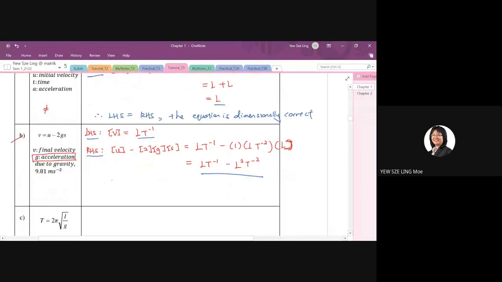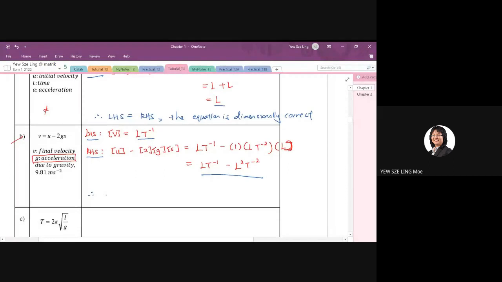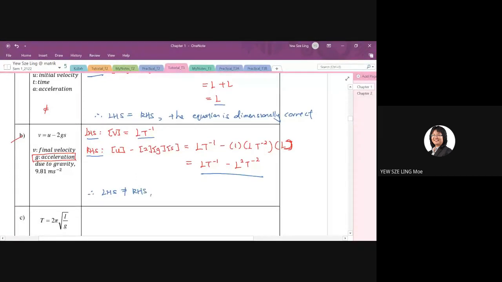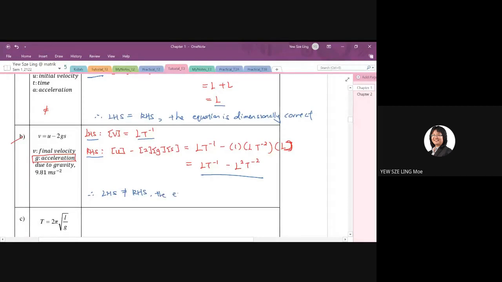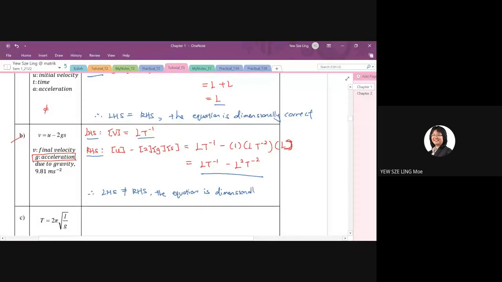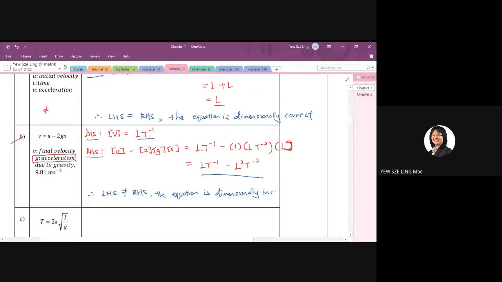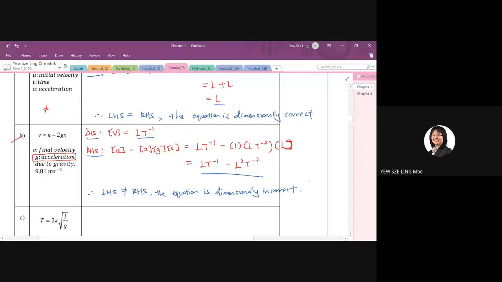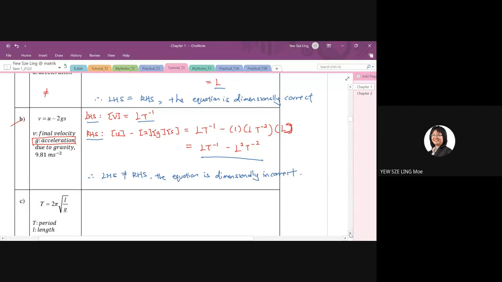So in this case, the conclusion would be left hand side is not the same as right hand side. So the equation is dimensionally incorrect. Okay, dimensionally incorrect. So that is how you answer question 2, right?